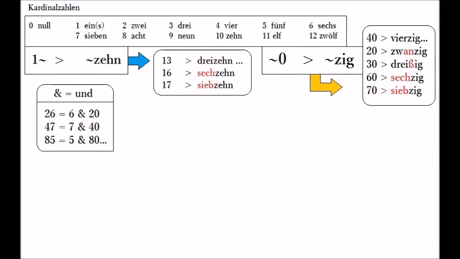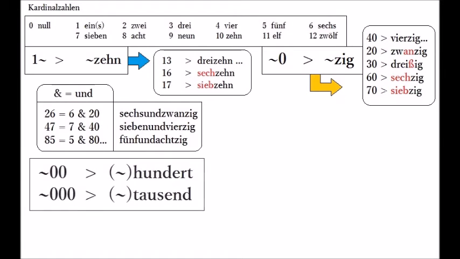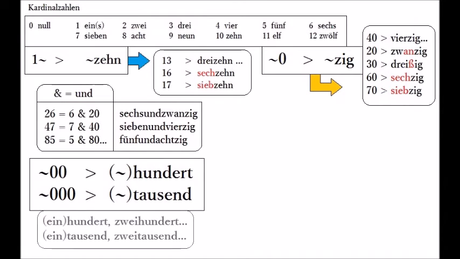For example, 26, 47, 85. 100 is hundert and 1000 is tausend. The amount of hundreds or thousands comes before the word, like 100, 200, 1000, 2000.